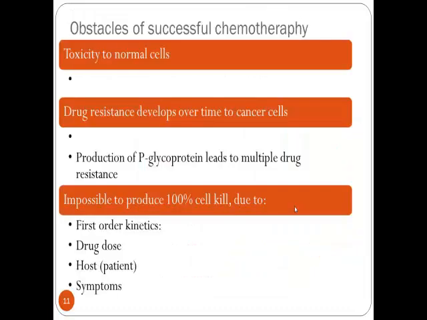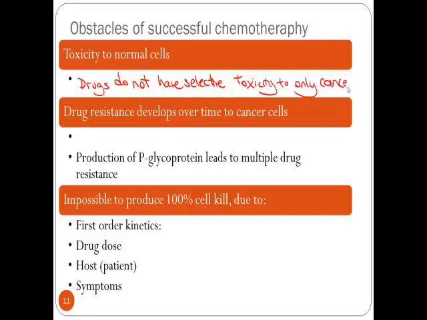Now, that sounds easy, but obviously we all know that there are obstacles to successful chemotherapy. One of the things is that cytotoxic drugs, drugs that kill cells, are also toxic to normal cells. So the drugs do not have selective toxicity to only cancer cells, right?